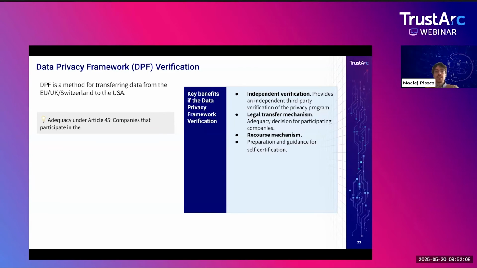Yes, and talking about the transfer and valid transfer mechanism. So for the Data Privacy Framework, DPF in short, this has been recognized as an adequate transfer mechanism under Article 45 of the GDPR, and it allows the participating companies to rely on this mechanism when they're transferring personal information of the data subjects from the EU, from the EEA.